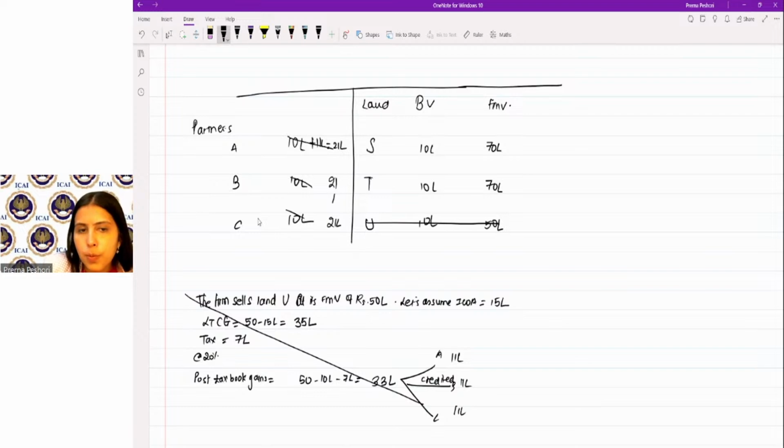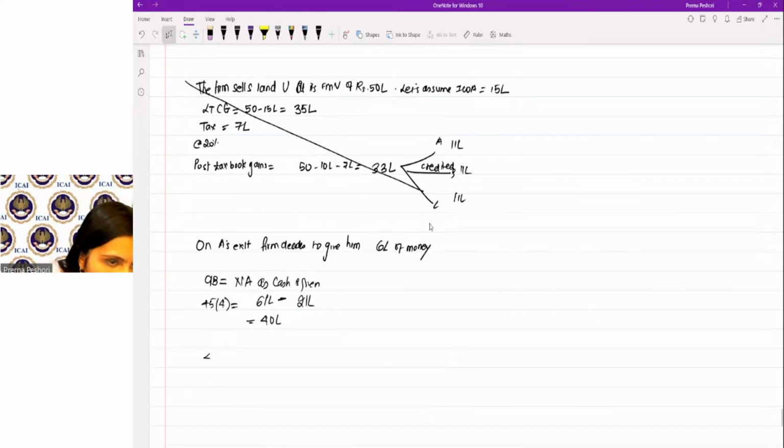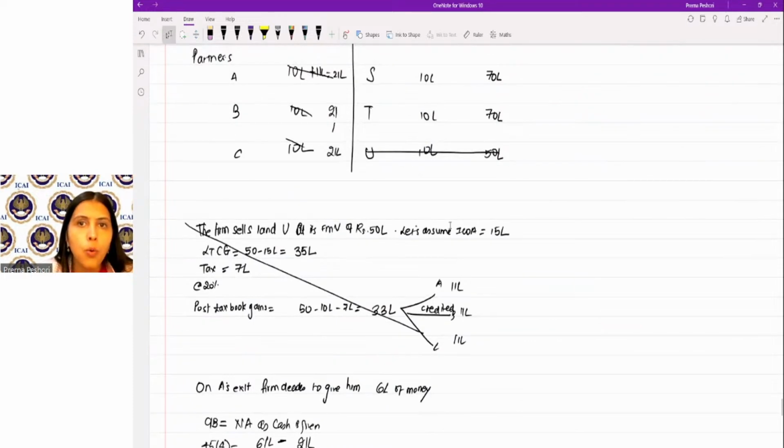So the confusion will be avoided. Okay, so 45.4 is this. What will be my 48.3?